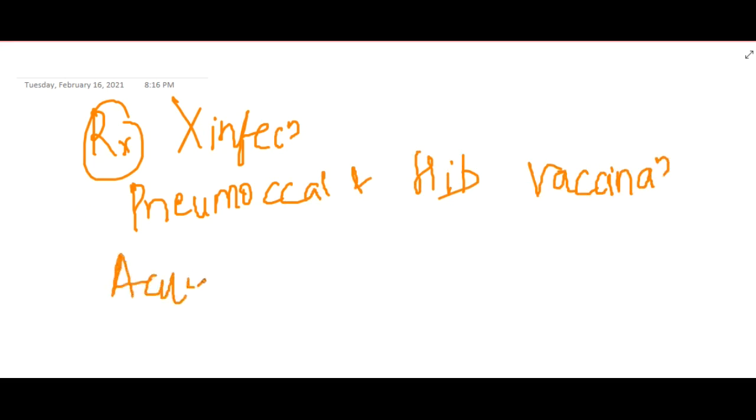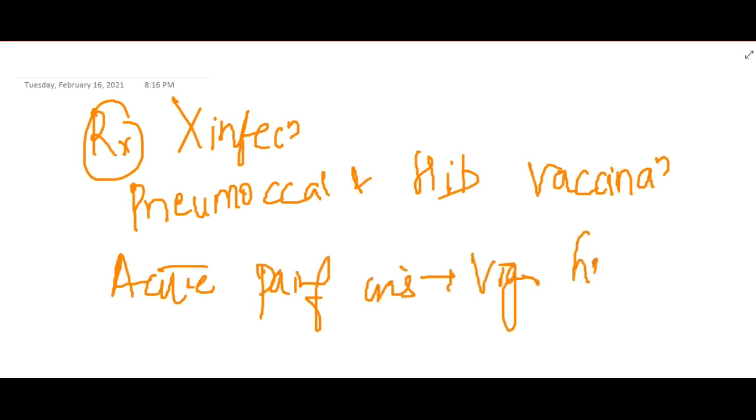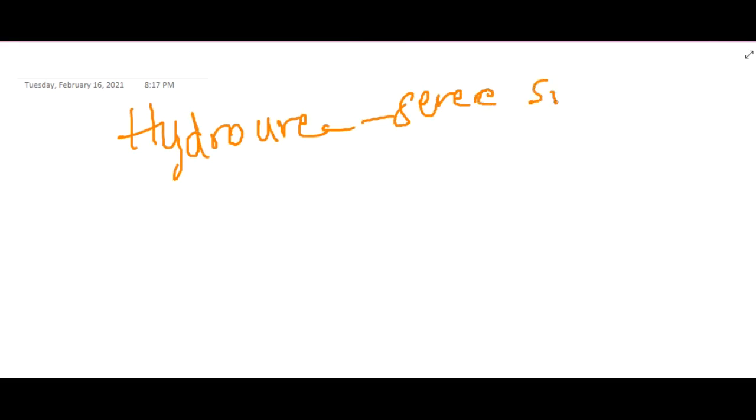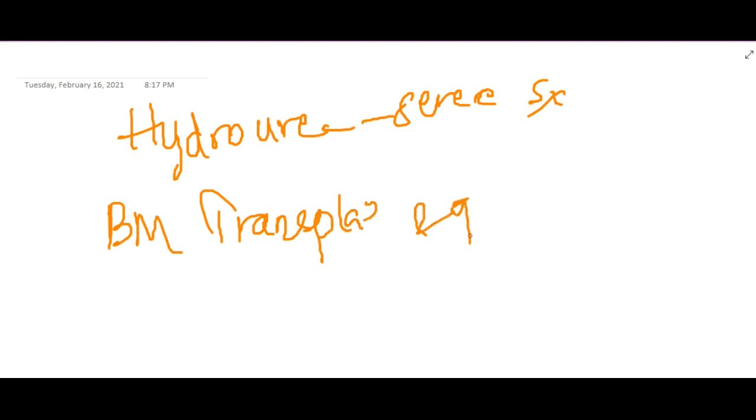And if there is an acute painful crisis, this is mainly treated by vigorous hydration, and analgesia should also be given to treat this acute painful crisis. Then we can give hydroxyurea for those cases which have severe symptoms, and bone marrow transplantation and gene therapy are also done for these patients.